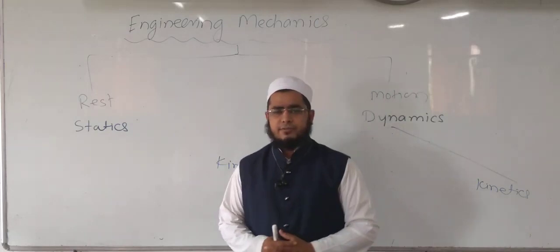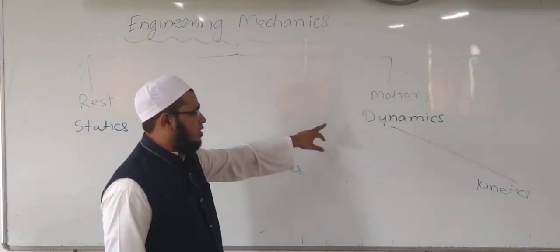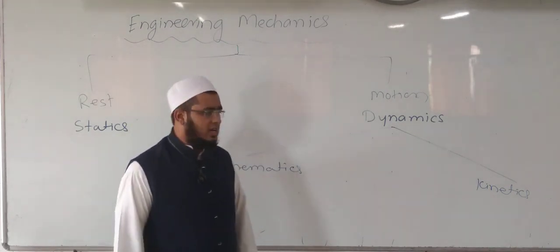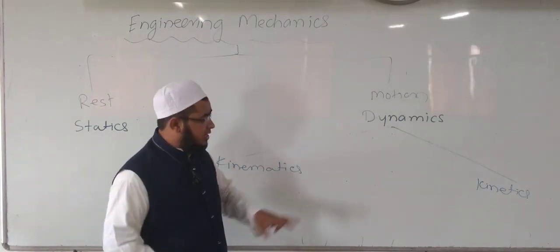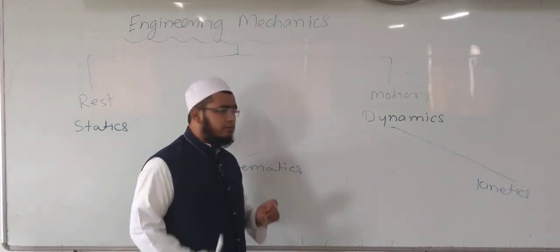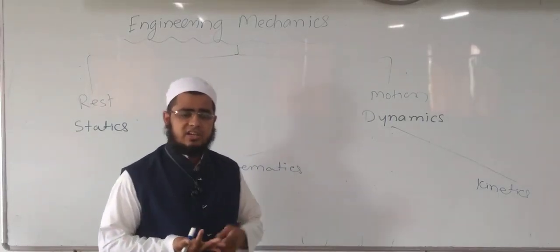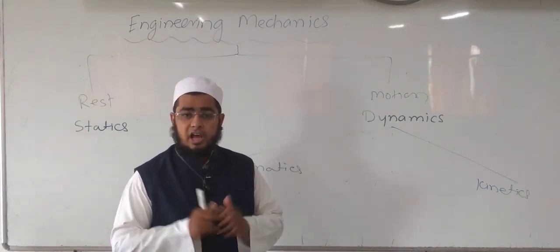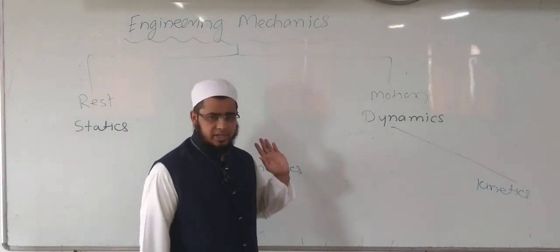Similarly, there is another sub-branch, kinetics. Kinetics is defined as the branch of engineering dynamics which deals with the study of objects in motion considering force causing the motion. Means in kinetics, we will study displacement, velocity, acceleration, jerk, retardation, all the variables of the motion, along with the force acting on the object.